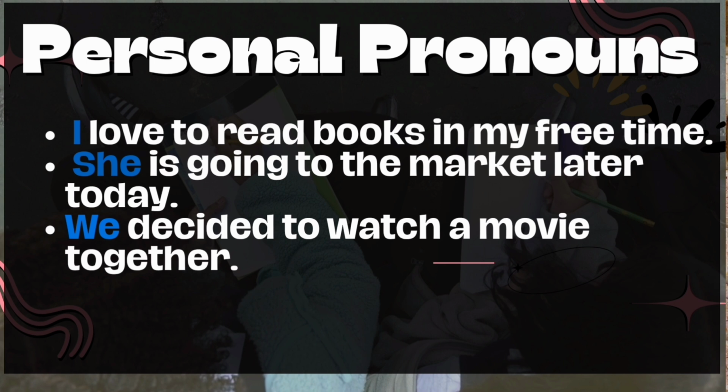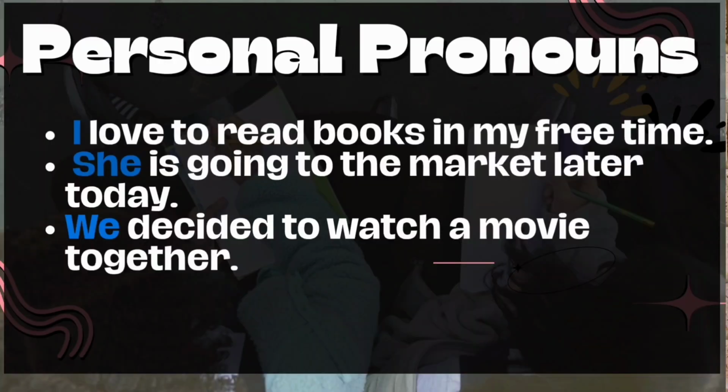And last sentence, we decided to watch a movie together. We is a personal pronoun there. What we mean to say with personal pronouns standing in the place of specific people or specific things is that instead of us mentioning the person's name or the individual's names, we just replace them with a pronoun. Like we did in the first sentence, I love to read books in my free time.